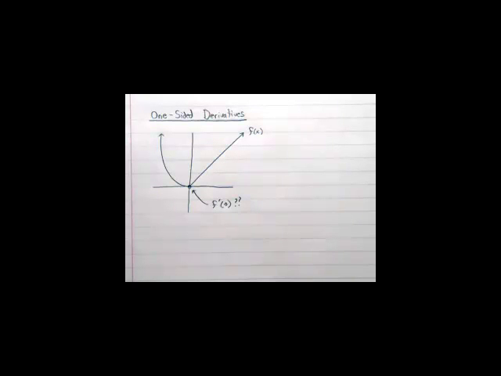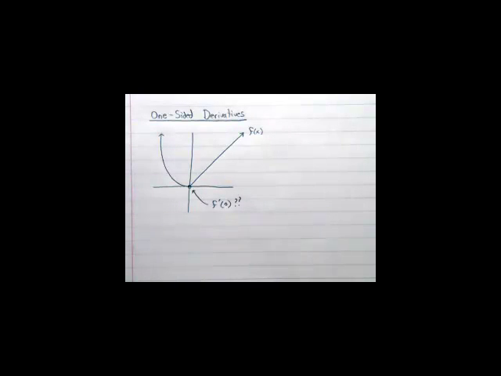What it does have is a left-handed derivative and a right-handed derivative. There's one-sided derivatives. Okay? So what is the left-hand derivative at this point? 0, because it's coming down and then the slope is approaching 0. What is the right-handed derivative over here? Like 1 or 2 or whatever the slope of that line is, right?